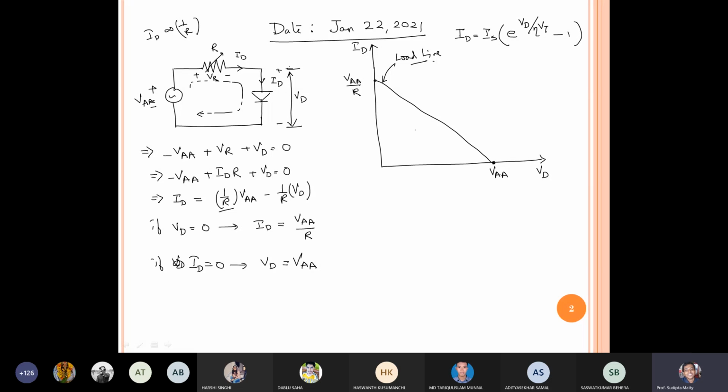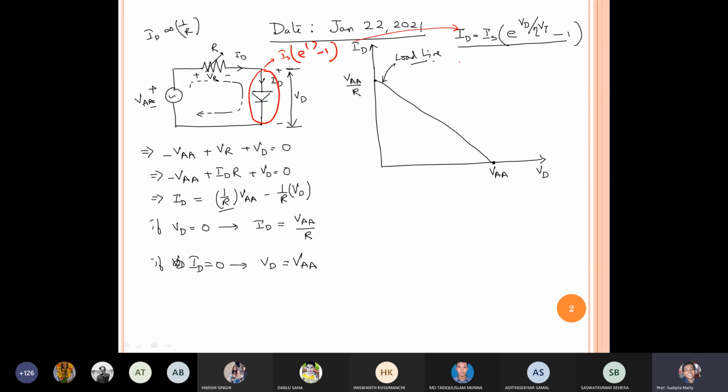Now we also know, if we change the voltage across the diode, then the current will flow in the form of Is e to the power of something minus 1. That means this expression in this form. So I can also plot that equation.